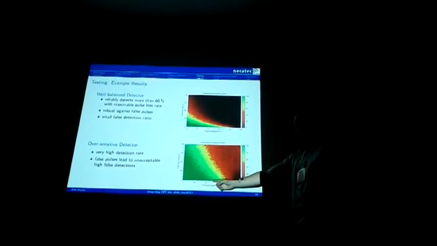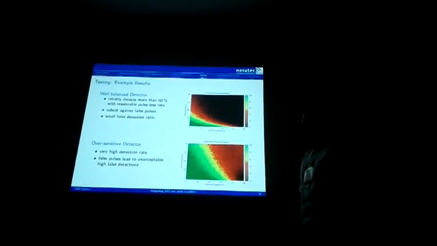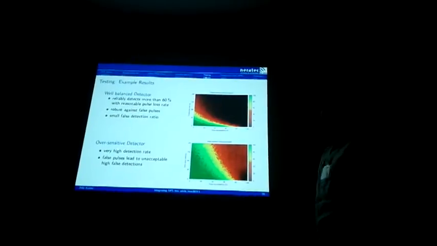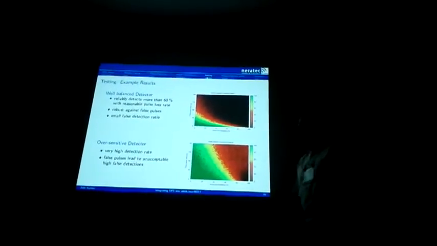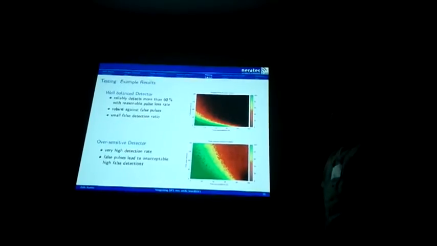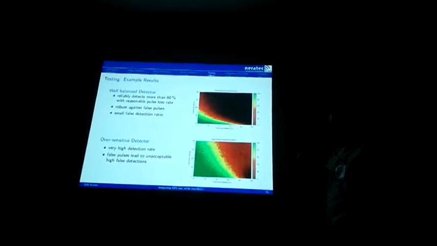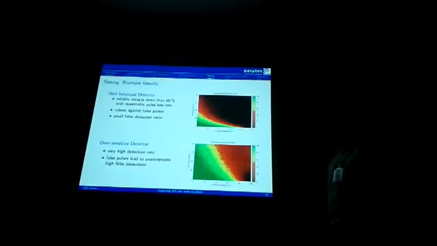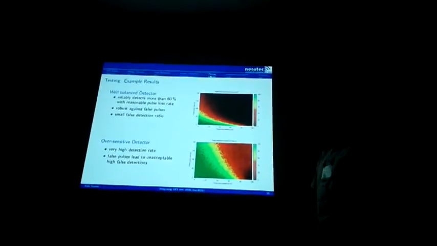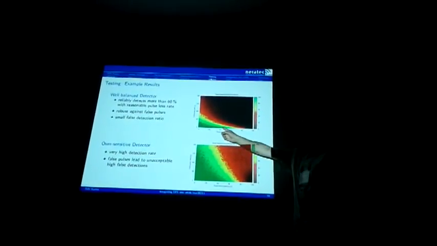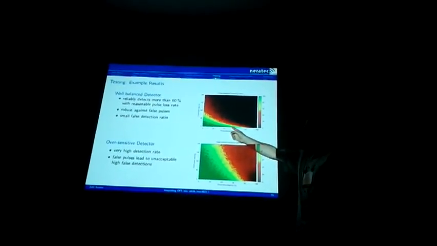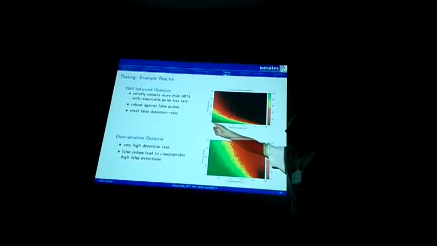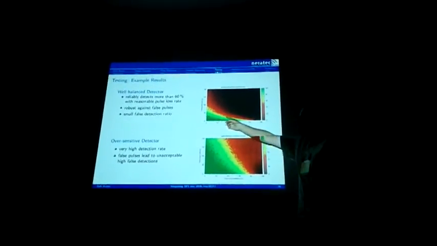Meaning here the probability to lose a single pulse is 50%, while a value here means you will add 100% to the pulses that your radar is on top. And now in the first image we see, okay, we are quite fine. We can detect up to 50 to 60% quite reliably, even with some false pulses here.